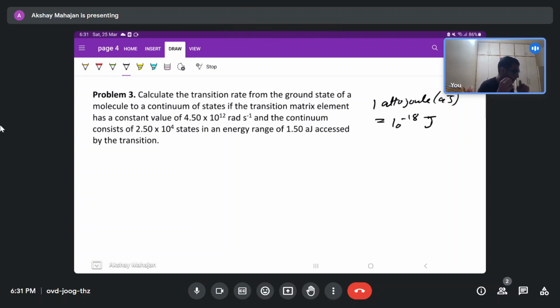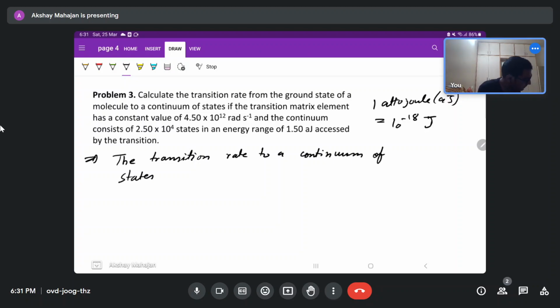Alright, so this is the problem now. For this problem, we know that the transition rate to a continuum of states is given by the Fermi golden rule.